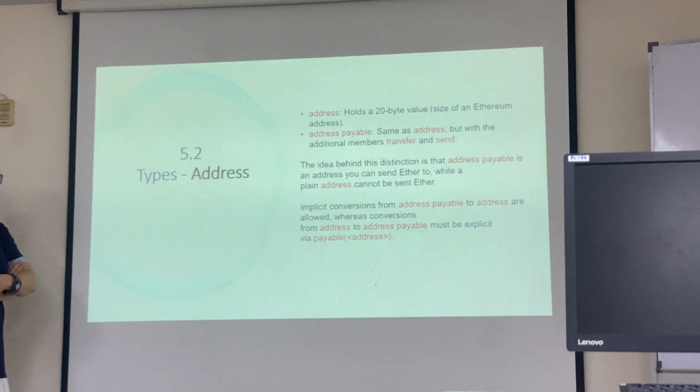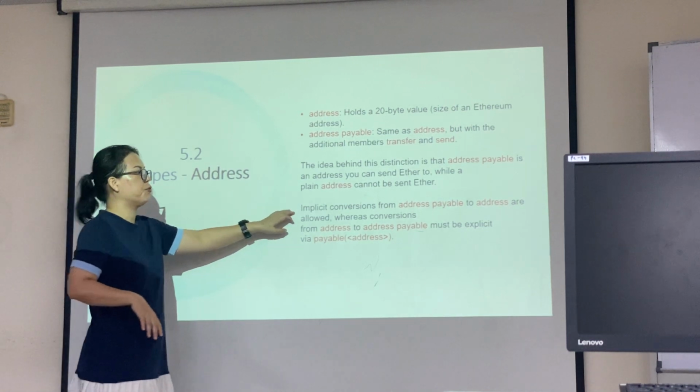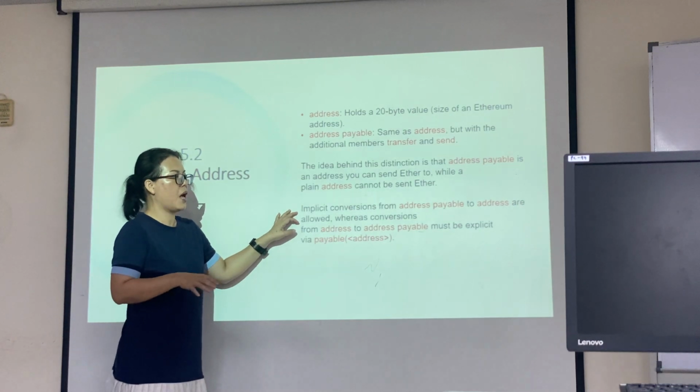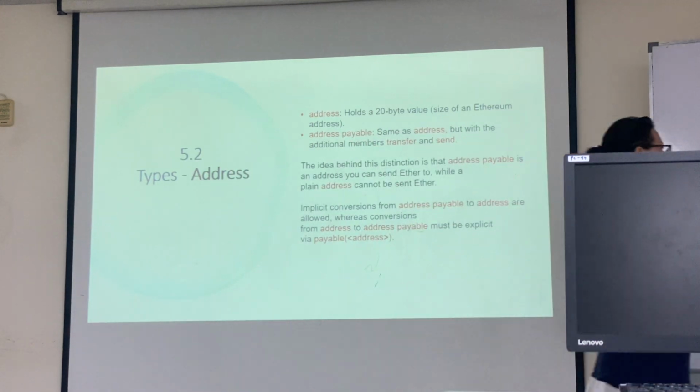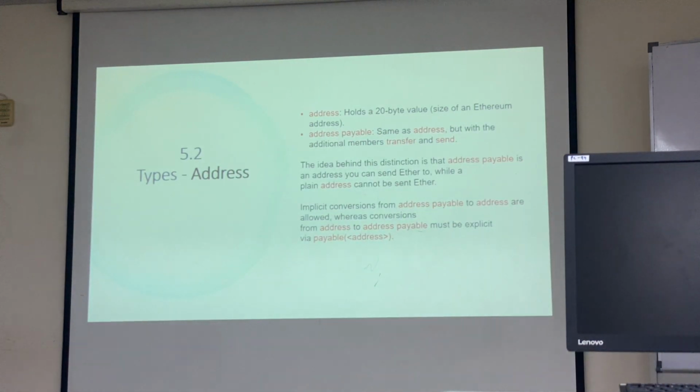Implicit conversion from address payable to address is allowed. What does that mean? It means that, let's say you define the owner account as an address payable initially, but later on you do not use this owner account to transfer any ether.